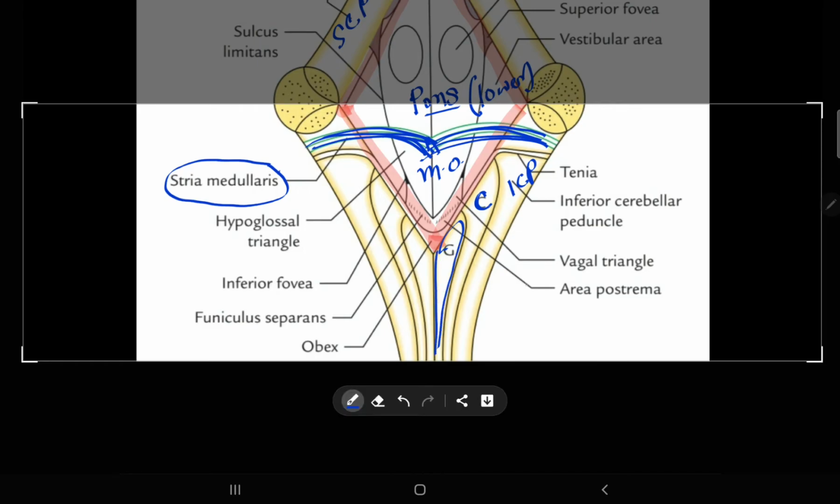So one, gracilis tubercle. Next, two, cuneatus tubercle or cuneate tubercle, and third is your inferior cerebellar peduncle. Actually they are forming the inferolateral boundary of your fourth ventricle.